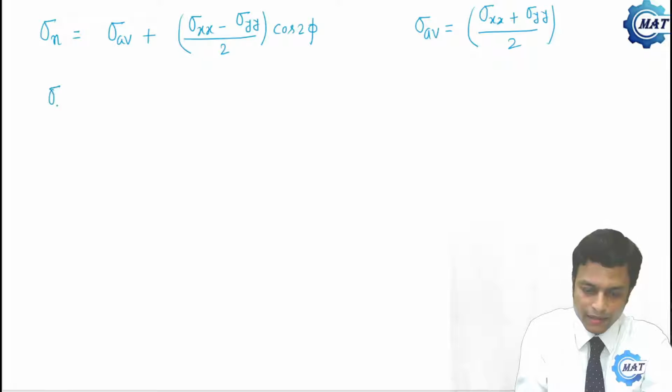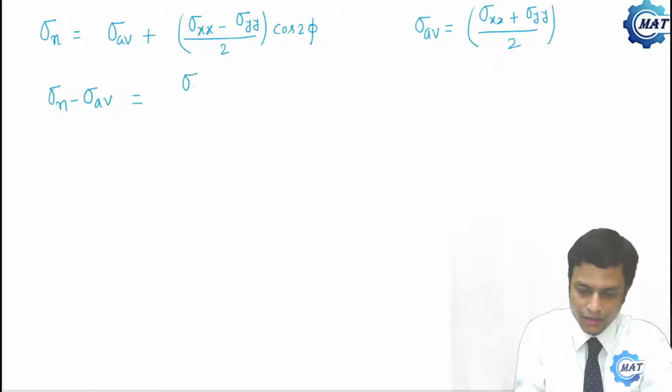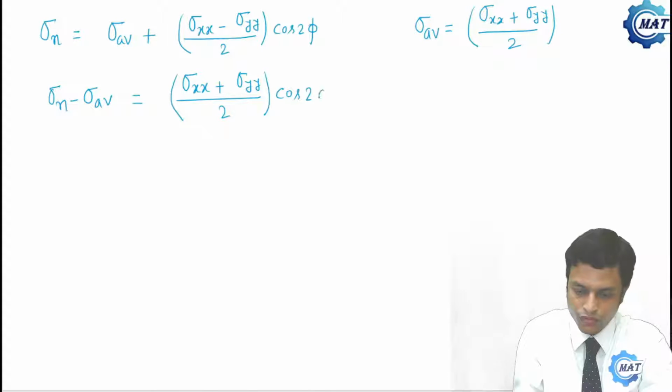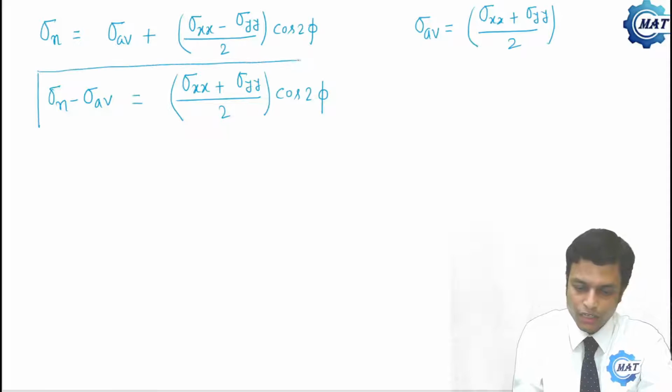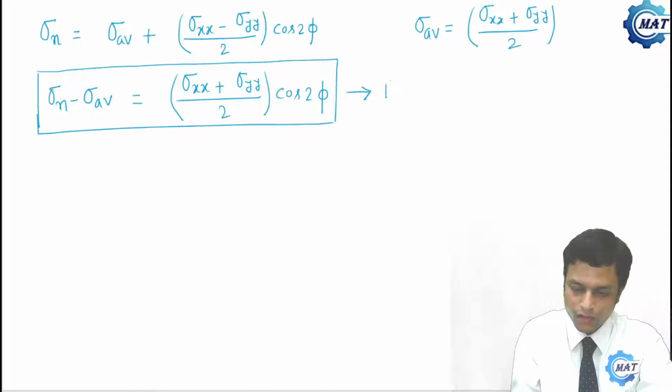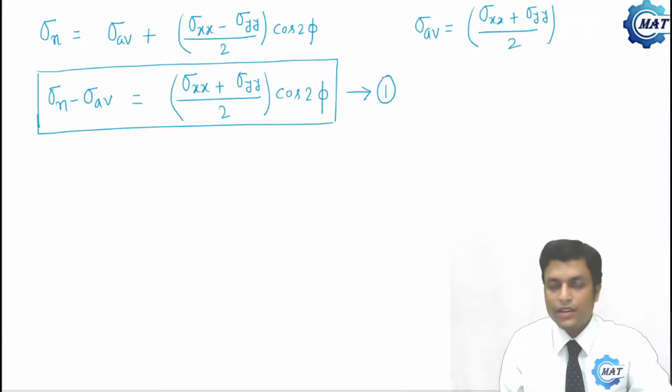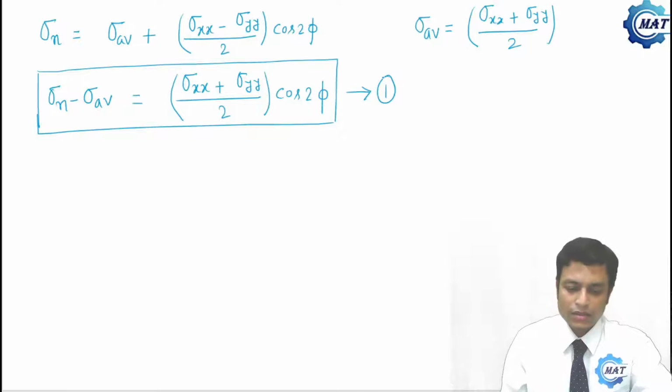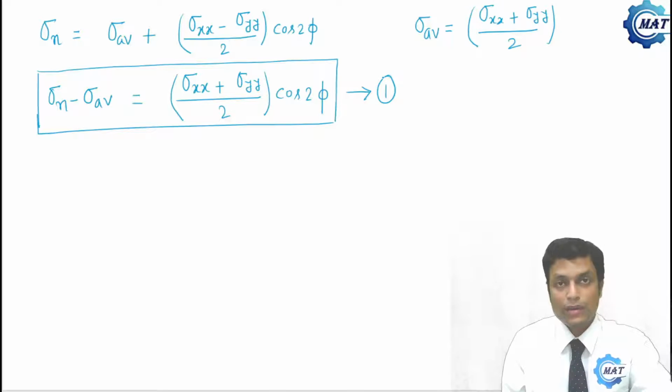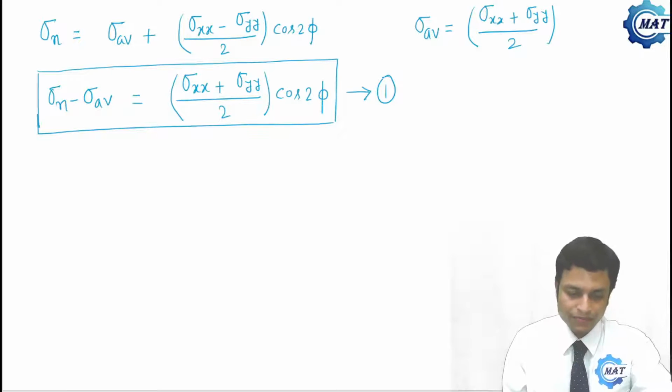Or we can write sigma n minus sigma average is sigma xx minus sigma yy by 2 into cos 2 phi. Let me give this equation number 1. So we have determined the normal stress on the arbitrary plane whose normal makes an angle phi with x.